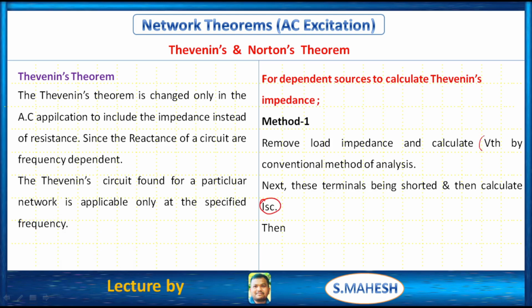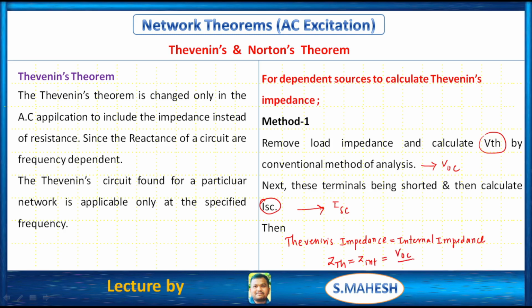From this we can write Thevenin's impedance, which we can call the internal impedance: ZTH equals Z internal, which is simply VOC by ISC.